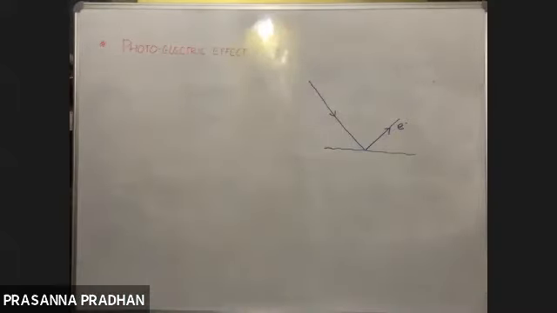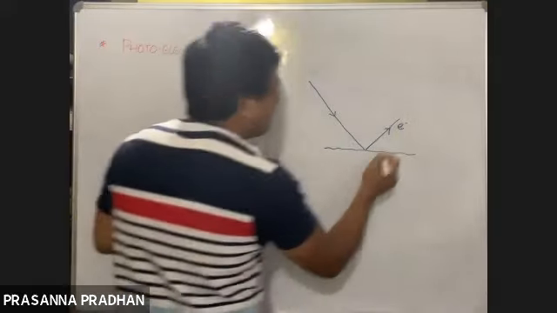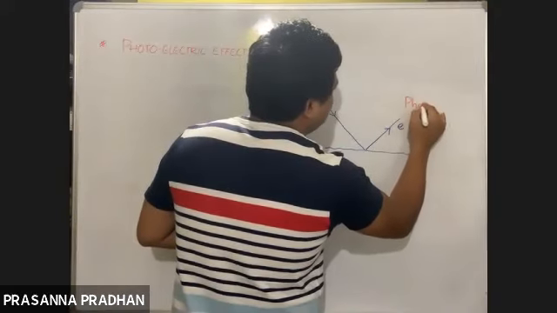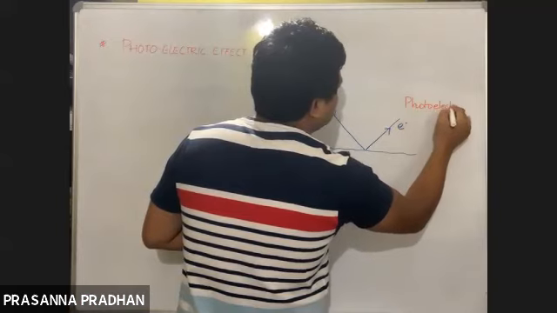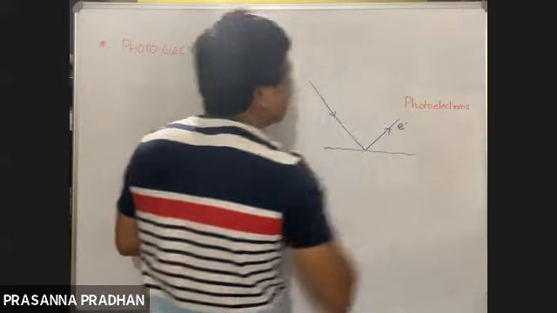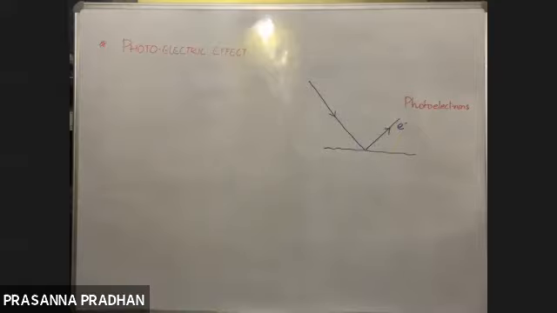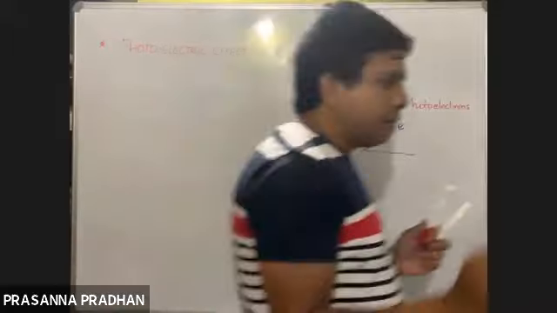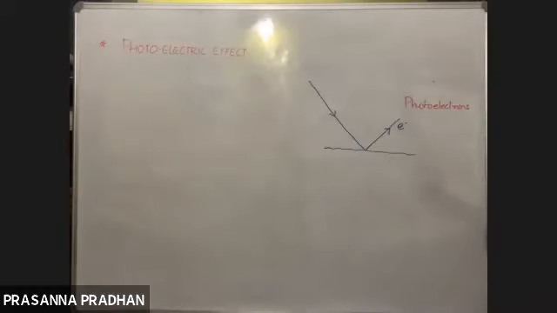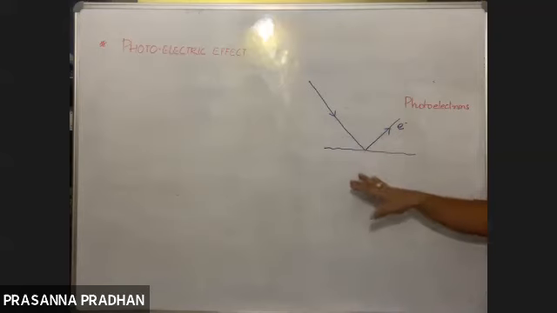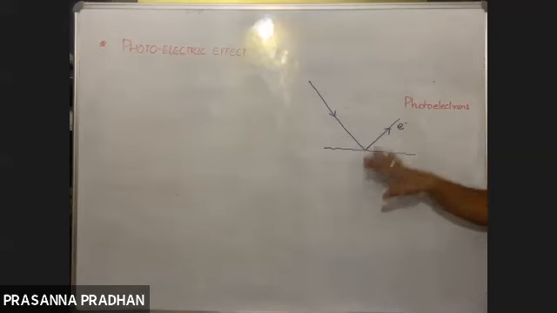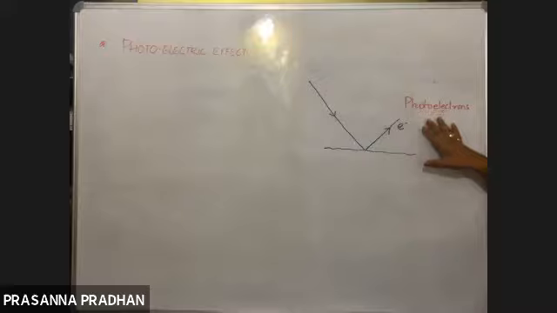And these ejected electrons are known as photoelectrons. And this effect is known as a photoelectric effect. So what is photoelectric effect? When light falls on the surface of certain metals, not all metals, electrons are emitted from the surface of metal, and the ejected electrons are known as the photoelectrons, and this effect is known as a photoelectric effect.